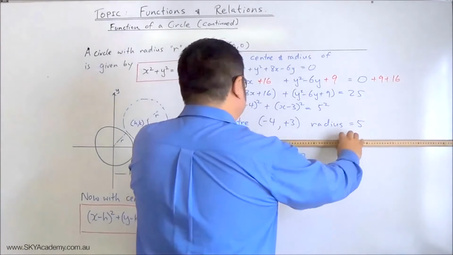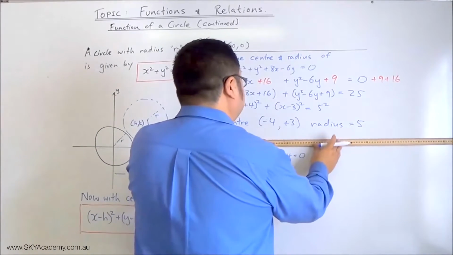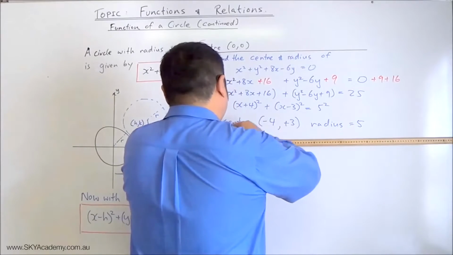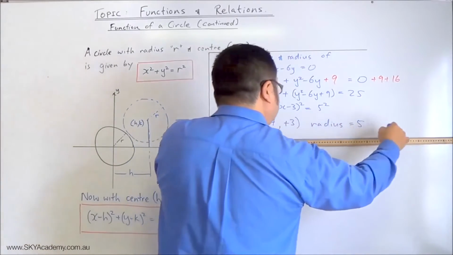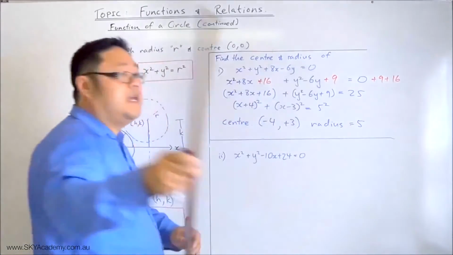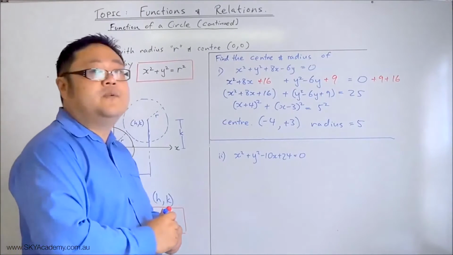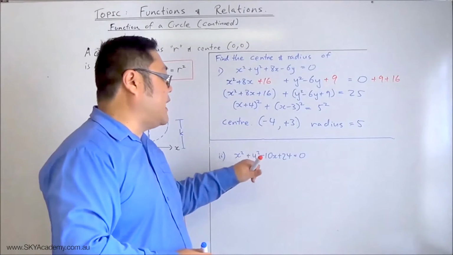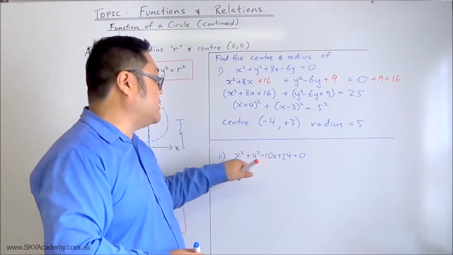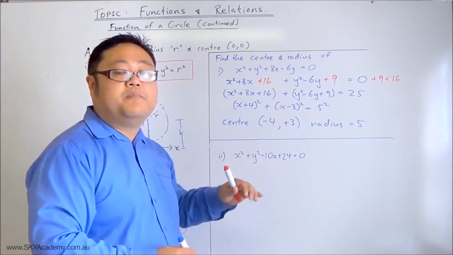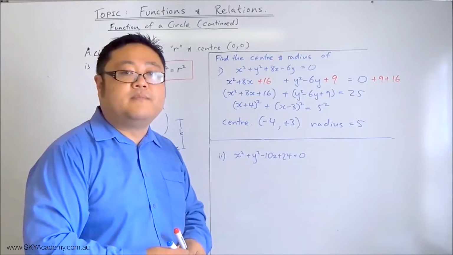So you've got to be able to do these sort of questions, okay? And then I'll give you another example, all right? And this is an example where you only have to work out, in this case, the horizontal displacement because there's no vertical displacement. Okay?